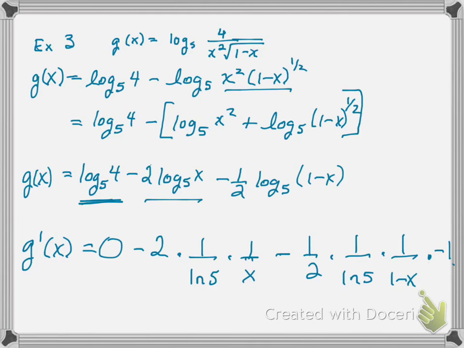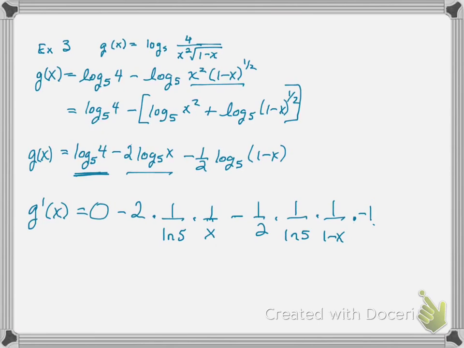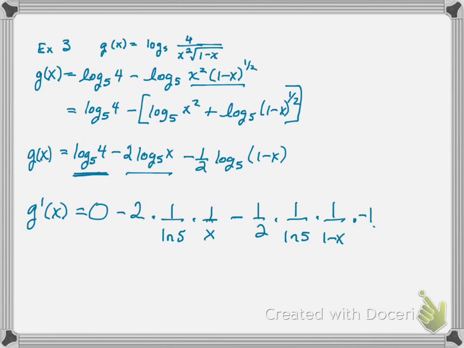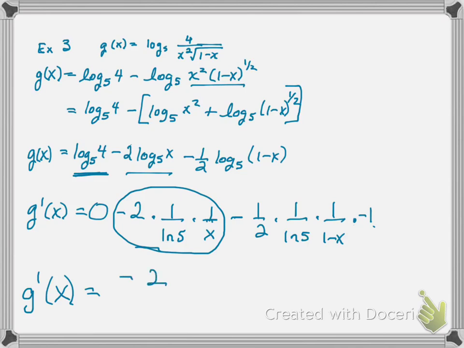Okay, so now to simplify this, let's just leave off that 0. I'm going to multiply all of this together, and if I do, I am going to have negative 2 over x ln 5. Makes it look a little prettier.